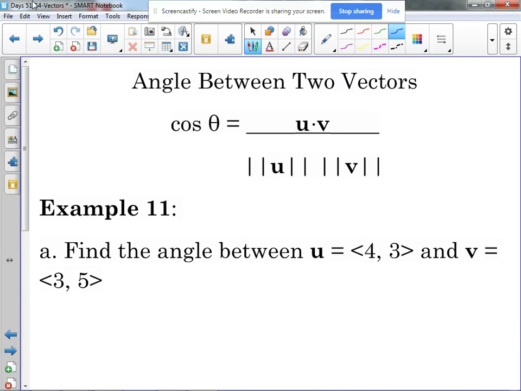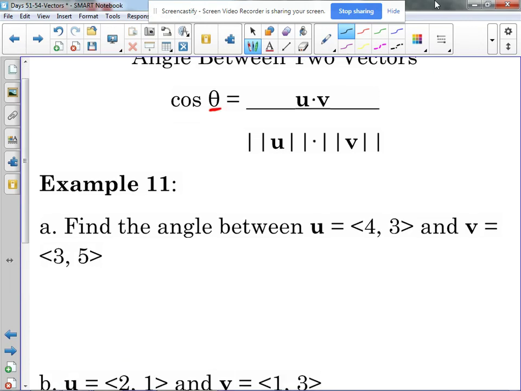So, to find the angle between two vectors, and theta is that angle, we take the cosine of that angle, that is equal to the dot product divided by the two magnitudes multiplied by each other. So there's not a multiplication symbol there in the denominator. Technically, you can put one there because we are multiplying the magnitude of u and the magnitude of v.